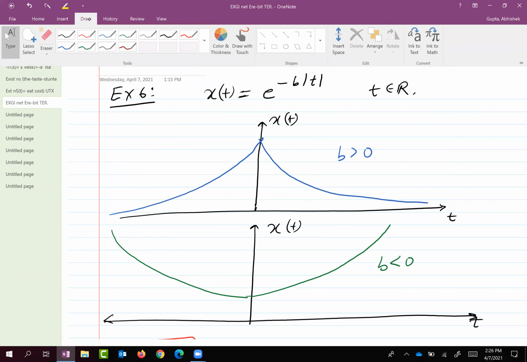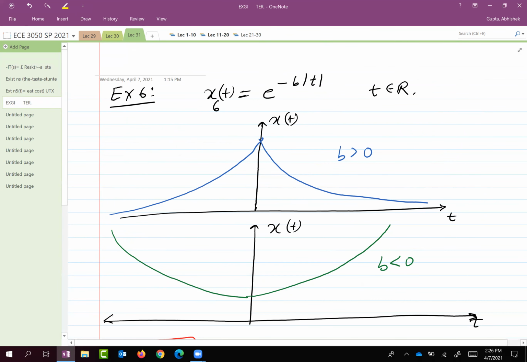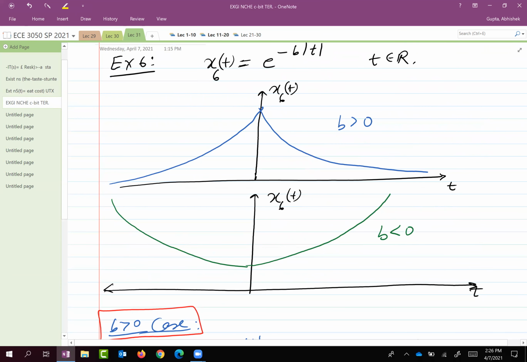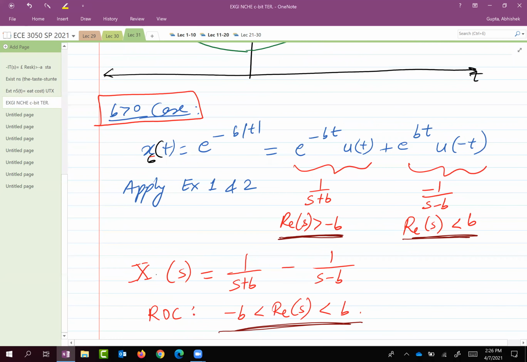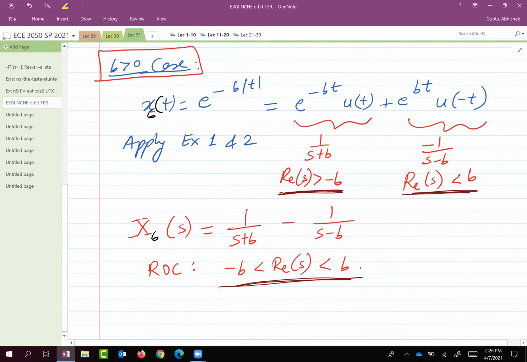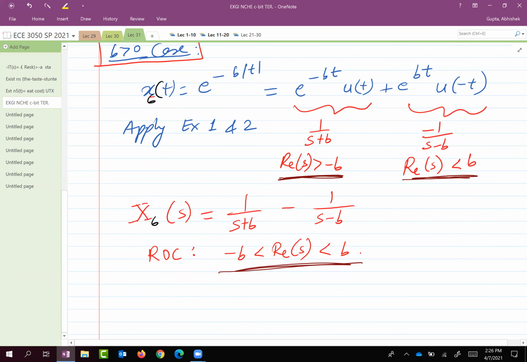This is the sixth example, so let me write 6 all over the place. X6. Perfect. So no questions so far.